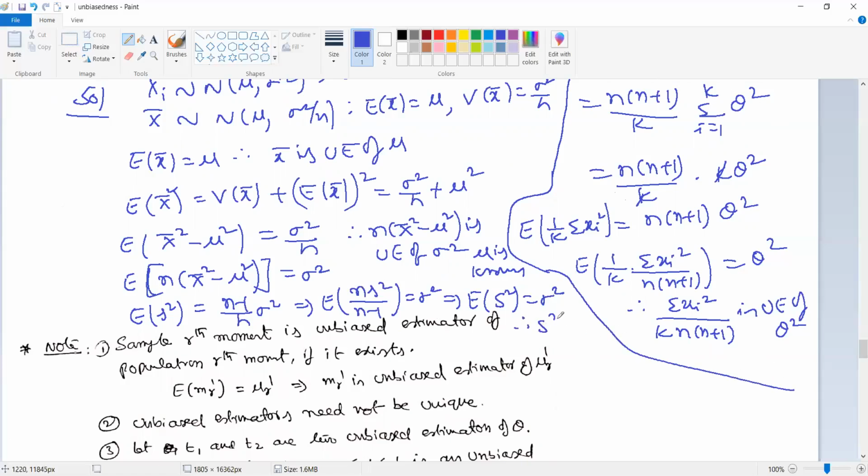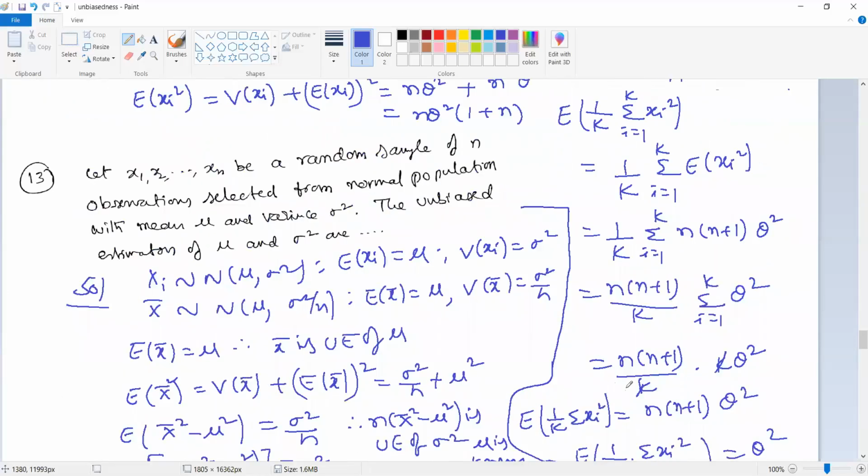Therefore, capital S square is an unbiased estimator of population variance sigma square. This is the mu unknown case. This is very, very important from the examination point of view.